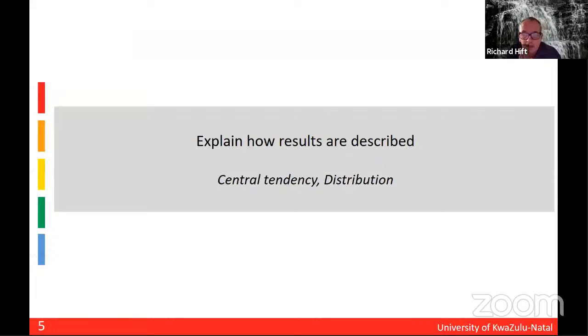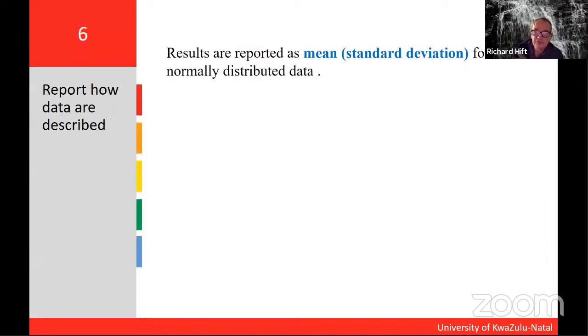Good. Now the next thing is we are obviously going to describe results, might be ages or CRP values or mortality, whatever it is. And you need to explain in your methodology how you describe your results. This is usually in terms of what's called central tendency, the midpoint of your results, and the distribution. Fancy words for things that you know very well.